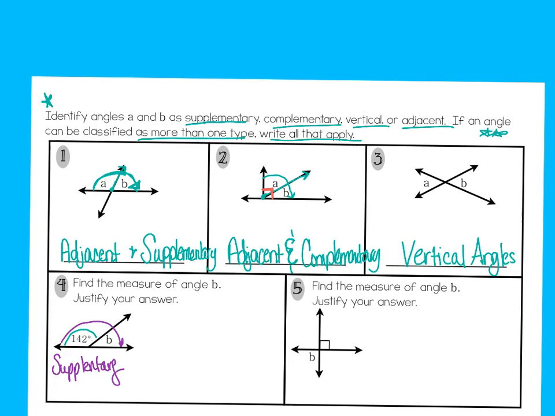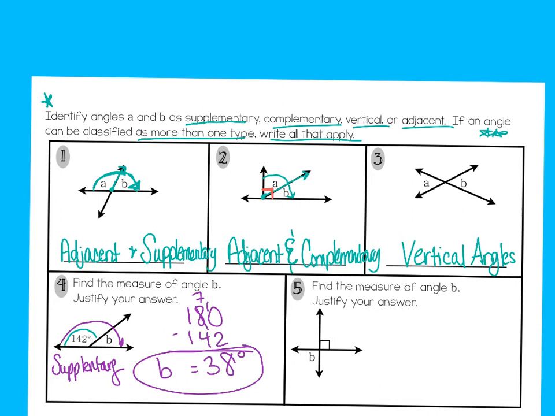Therefore, to figure out what angle B is, I would subtract 142 from 180. And so therefore angle B equals 38 degrees.